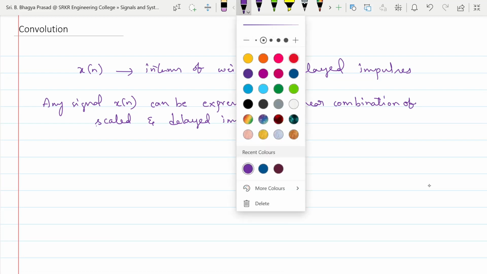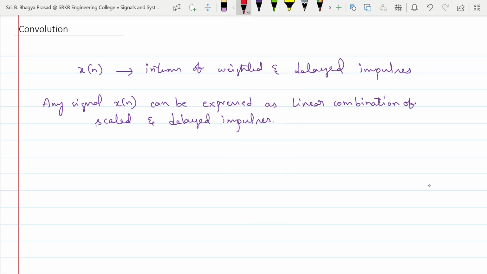So we see a sequence like this, with positions 0, 1, 2, 3 and minus 1, minus 2.